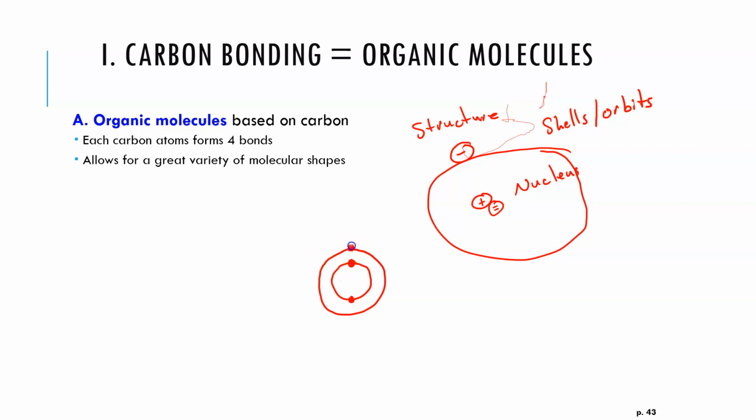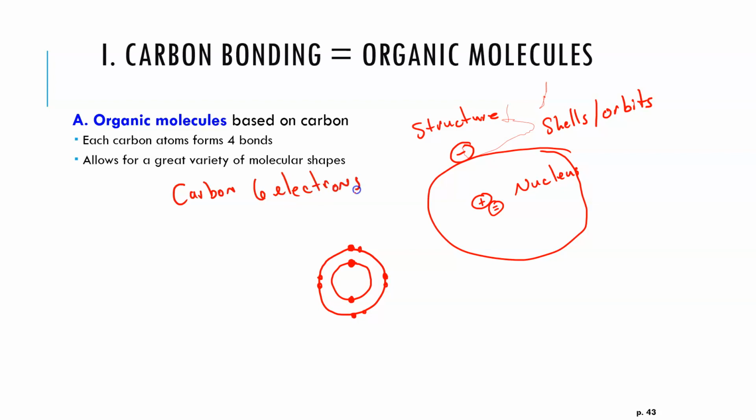The next shell over here can contain up to a total of, we've got 2, and then right here we've got 1, 2, 3, 4, 5, 6, 7, and 8. So this next orbital can have up to 8 electrons. This gets to be really big when we start looking at bonding, because what's unique about carbon is that carbon is going to have 6 electrons.